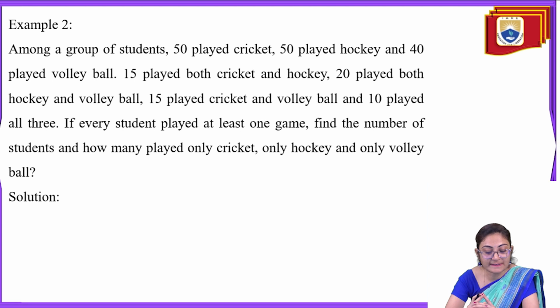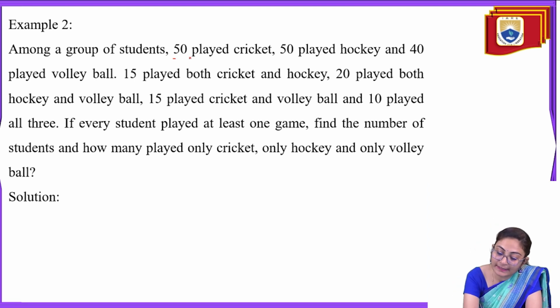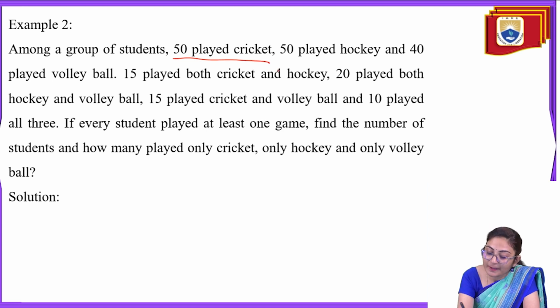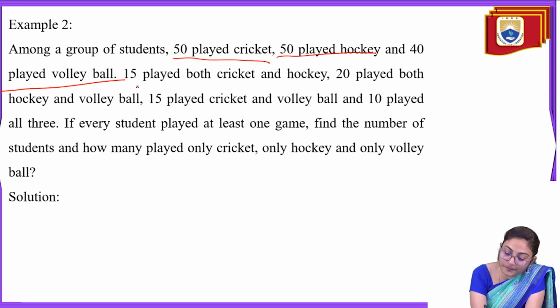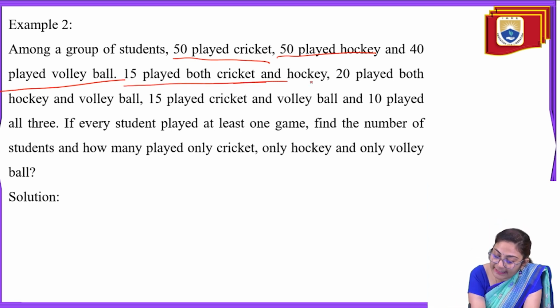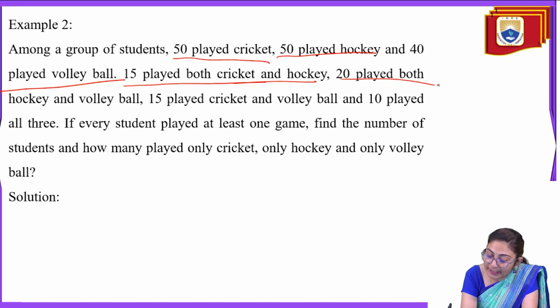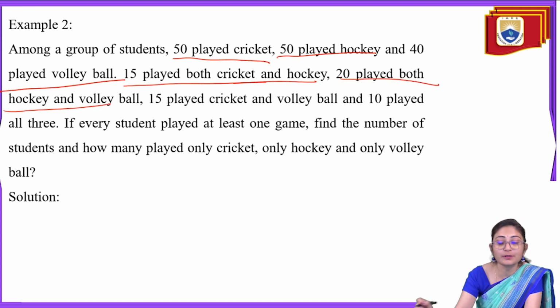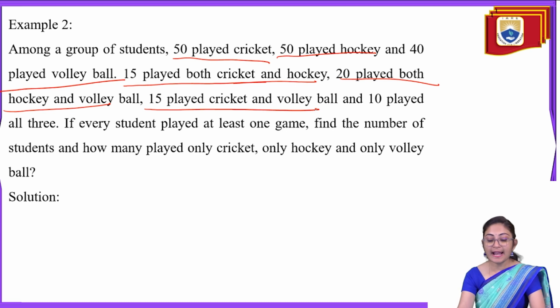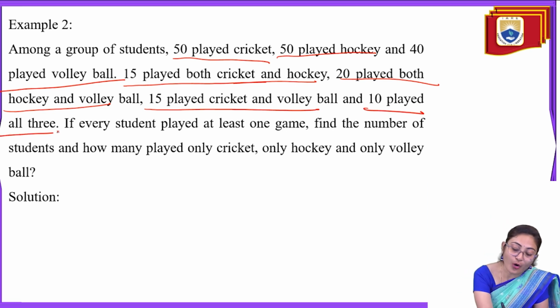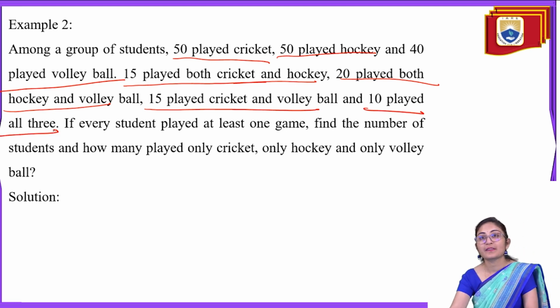Now the next question is: among a group of students, 50 played cricket, 50 played hockey and 40 played volleyball. Now 15 played both cricket and hockey, 20 played both hockey and volleyball, 15 played cricket and volleyball, and 10 played all 3 games.